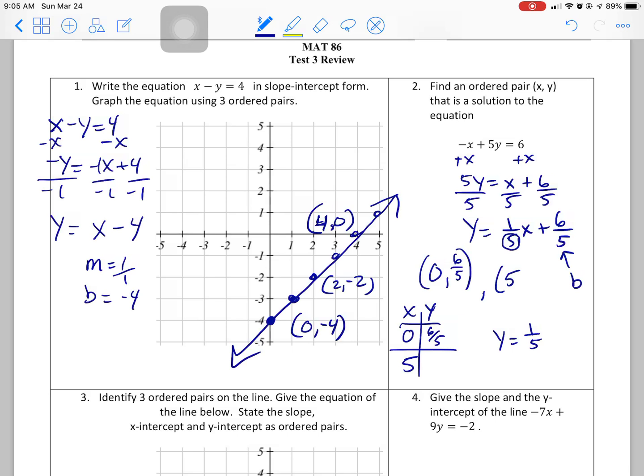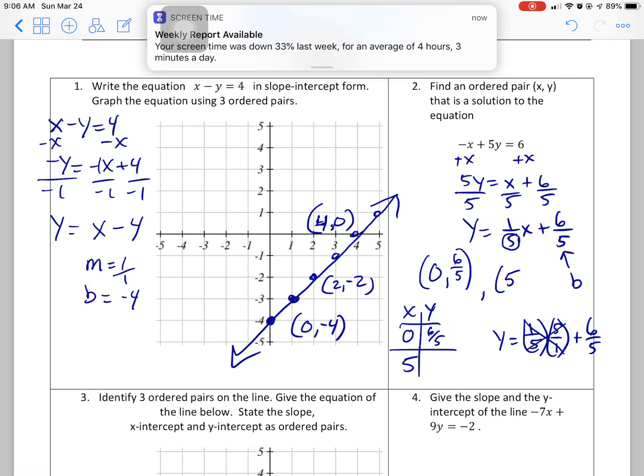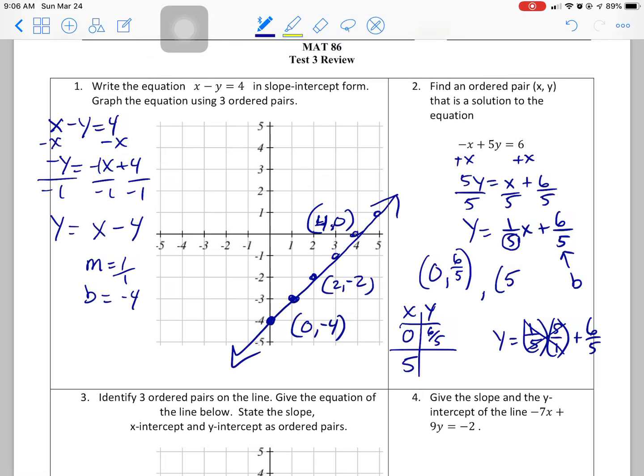If you put in a 5 for x, you're going to get something that's not right. Sorry. Hold on. Put a 5 in for x. What did I do? 5 over 1. Oh, it doesn't turn into a 0. It turns into a 1.